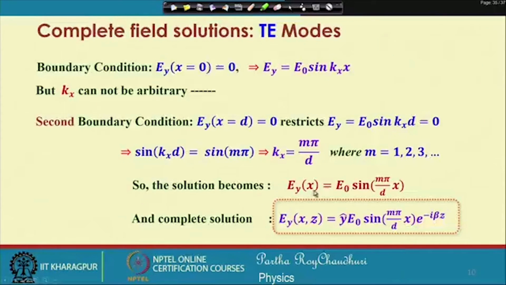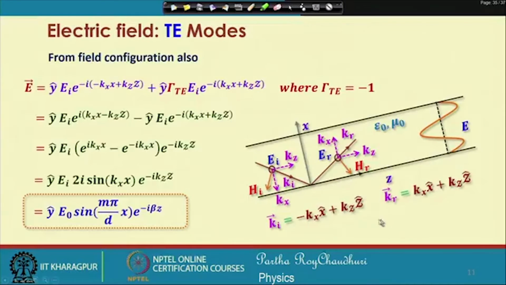So, the solution becomes E y equal to E 0 sin m pi by d x, and the complete solution, because the fields are directed along the y axis, is y cap E 0 sin m pi x by d, and there should be one more e to the power of i omega t for the complete solution, but this is the wave. So, from the field configuration, we can also make out this solution.